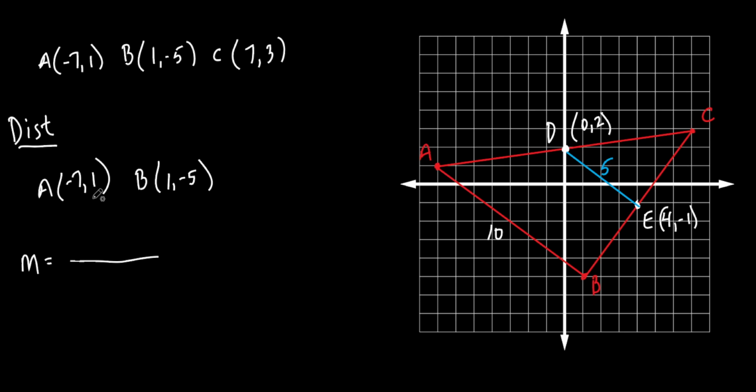What does that mean? It means you subtract the y's, subtract the x's. Now, the order does make a difference on this. All right, so if I go the first one minus the second one, I have to do the same thing on the x's. So let's do the y's first. 1 minus negative 5. Let's do the x's. Negative 7 minus 1. This is 6 over negative 8.